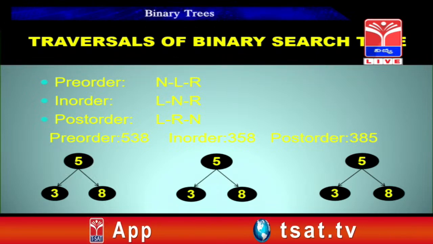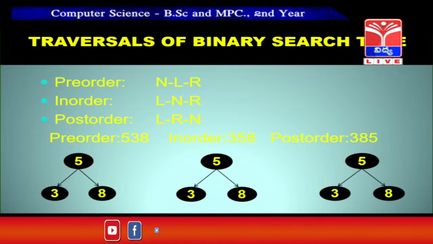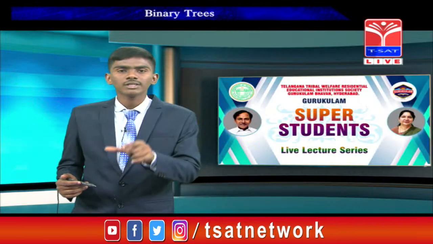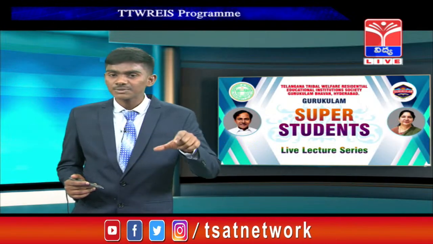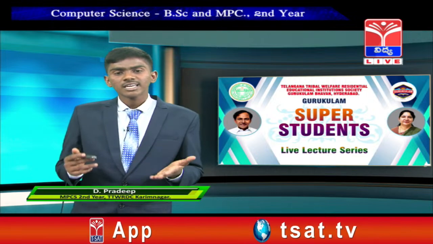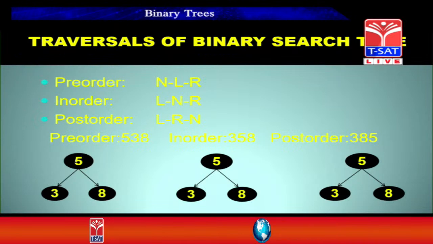The main advantage of the in-order traversal method is that it gives the sorted order of the elements. It means it gives the ascending order of the data elements. See here, 3, 5, 8, this is the ascending order.